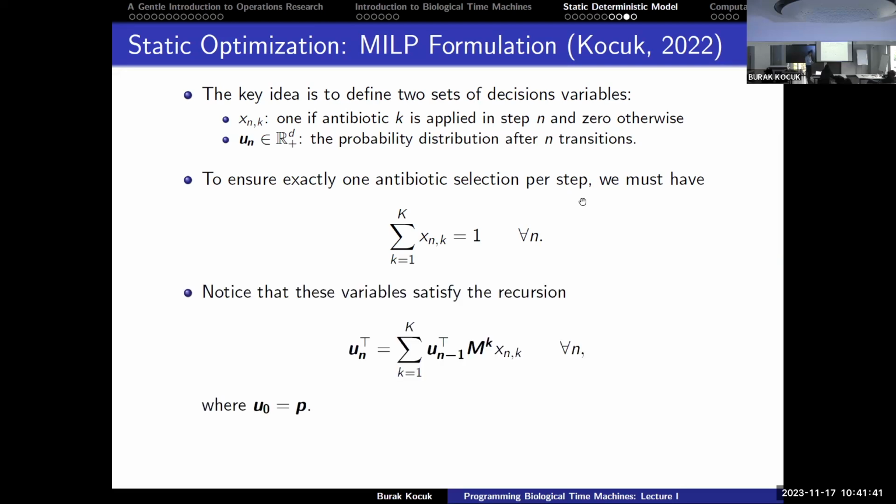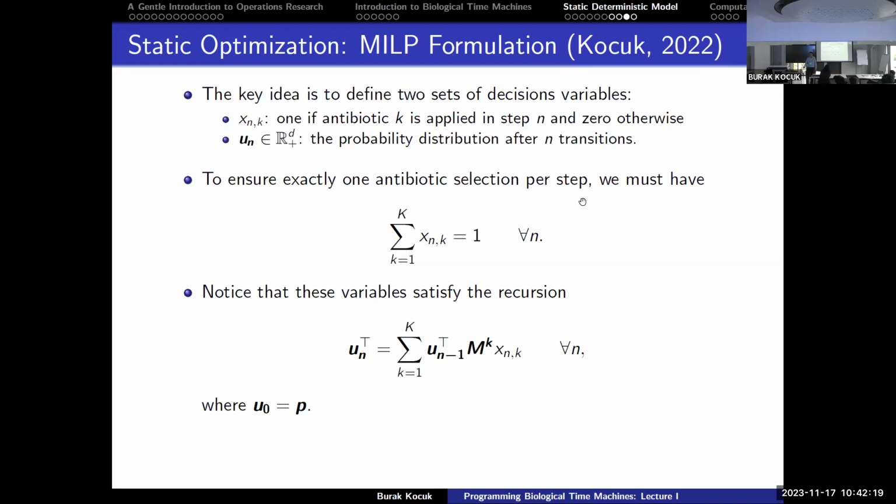I guess this is the most important relationship. The distribution after n steps is precisely the distribution after n-1 steps times the matrix you apply in the nth step. Now the difficulty here is that you don't know which matrix you apply.